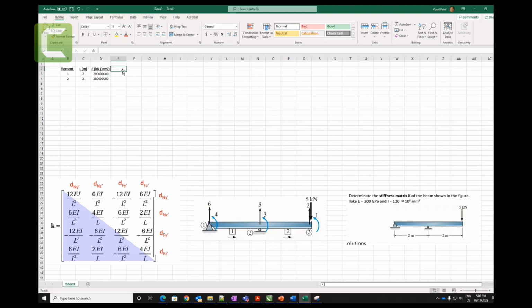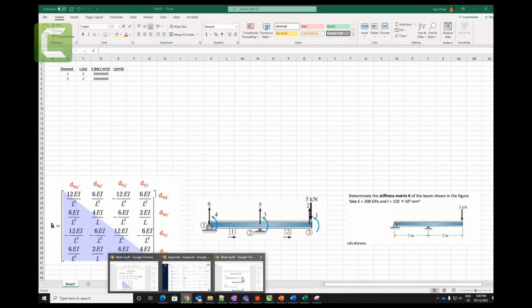Another one that you have is moment of inertia I, and we also need it in meter to the power 4. I, which is moment of inertia, let's say underline, and we can make it I, meter to the power 4.